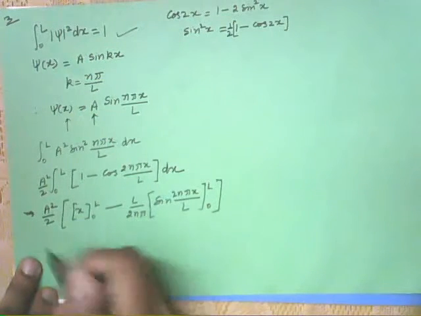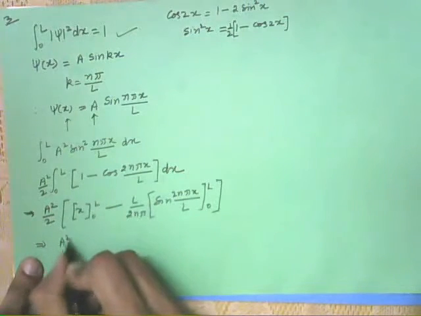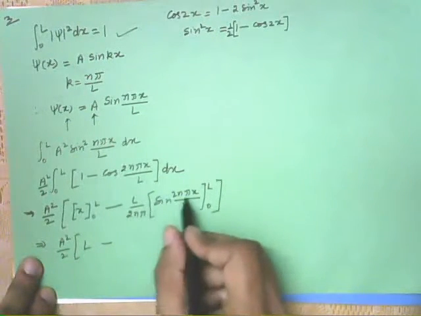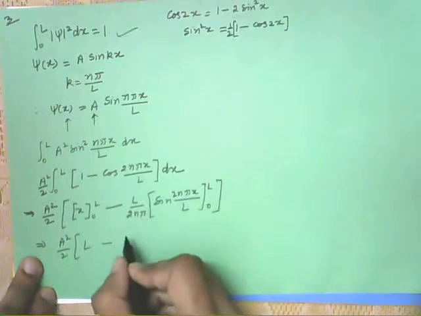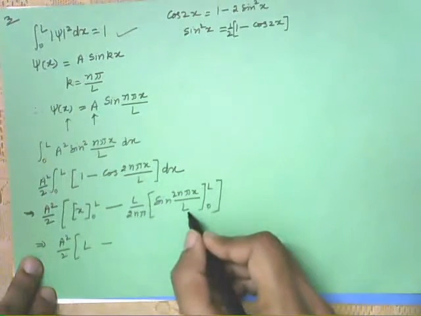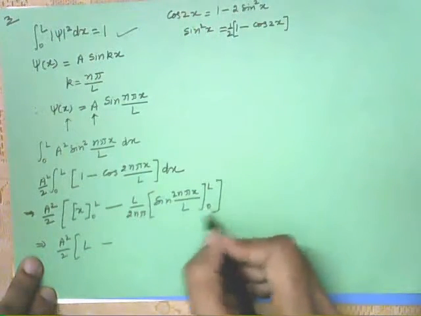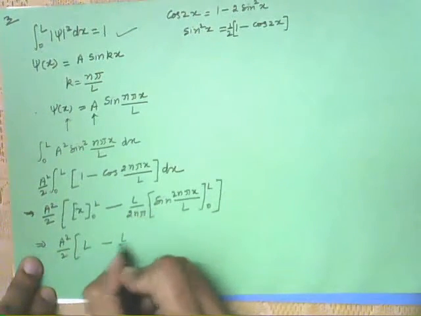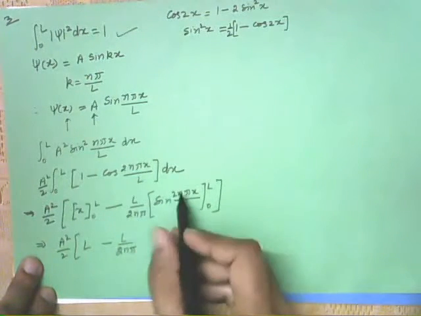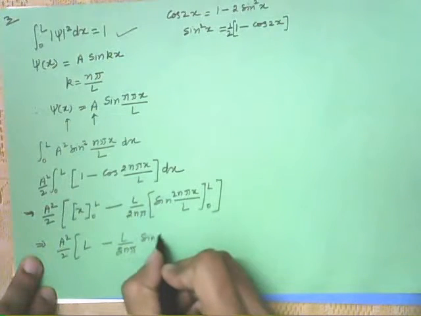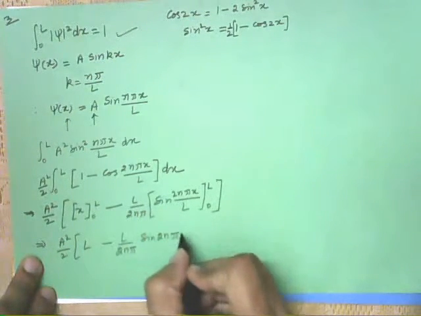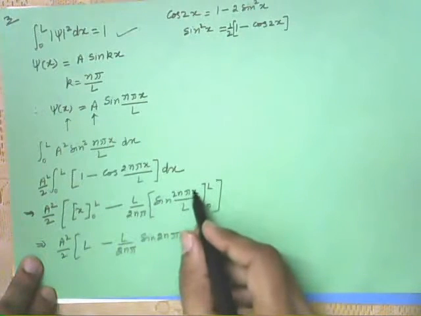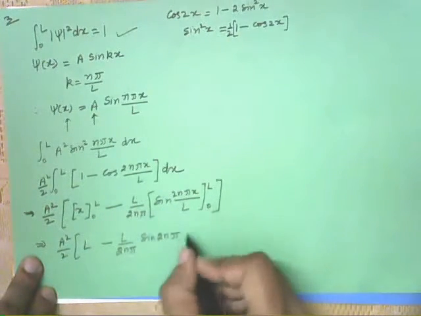So the result will be a squared upon 2, this is L minus 0, L minus L upon 2 n pi sin 2 n pi x upon L. At x is equal to L, this becomes sin 2 n pi, and at x is equal to 0, it becomes sin 0, which is equal to 0.